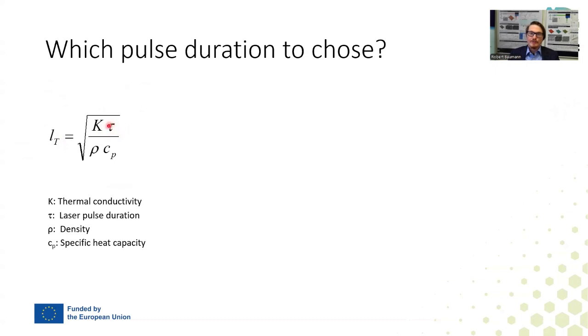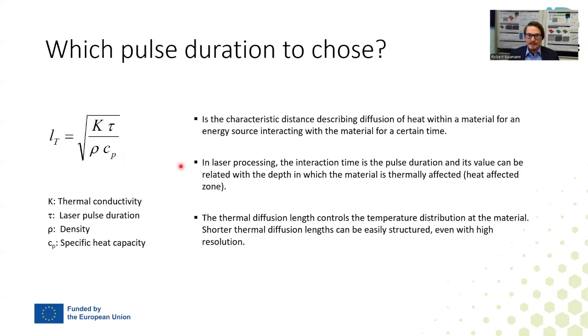So this is the factor that you could change by choosing different kinds of laser sources. And of course, the material density and specific heat capacity are fixed based on the material being used. So the only thing that you will change here is the laser pulse duration, depending if it's nanosecond, picosecond, or femtosecond, and what amount of those seconds.